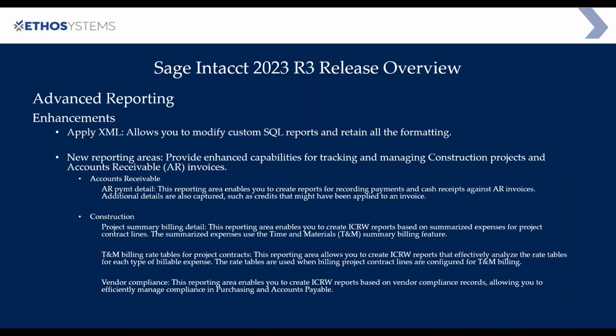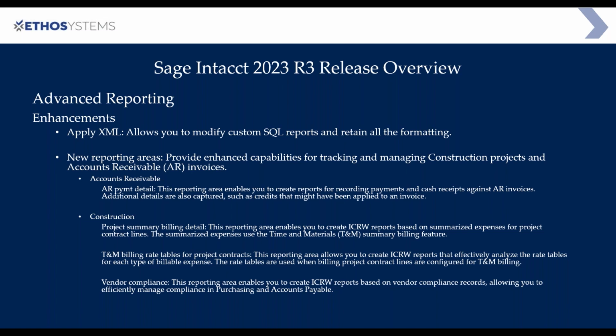Okay, some enhancements to the advanced reporting. So this would be the interactive custom report writer within Sage Intacct. So now you can apply all the formatting that you have when you modify the custom SQL within ICRW.